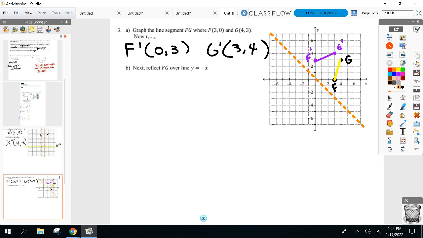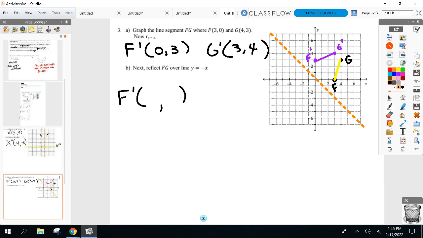After you swap them, what are we going to do? Change the signs. Yep. So when I reflect through the line y equals negative x, I'll swap them and change the sign.